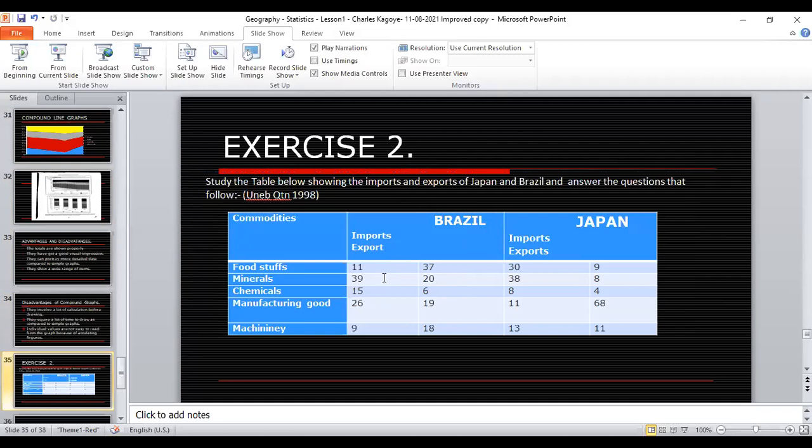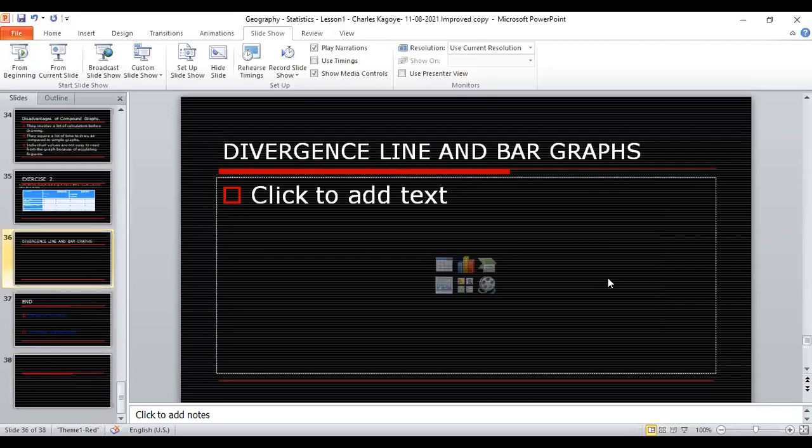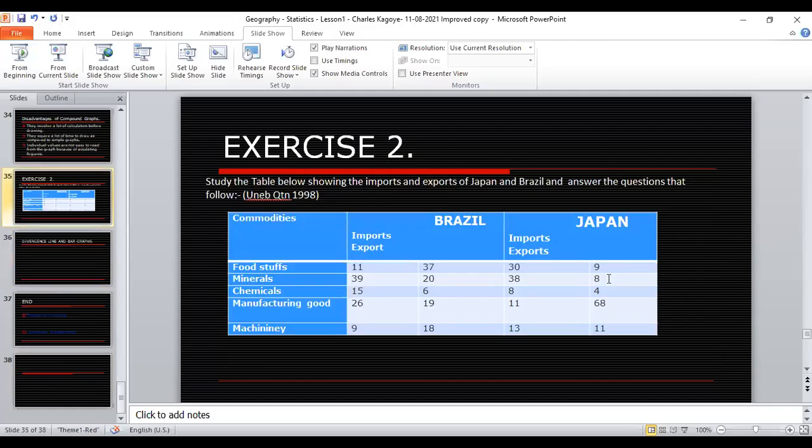This one is for imports. This is for exports. This is for imports. This is for exports. Are we together? So we can try to work out this. I can even give you another one. If you are taking a screenshot, this is a question of 1998.